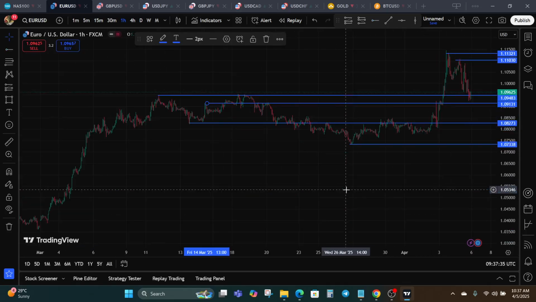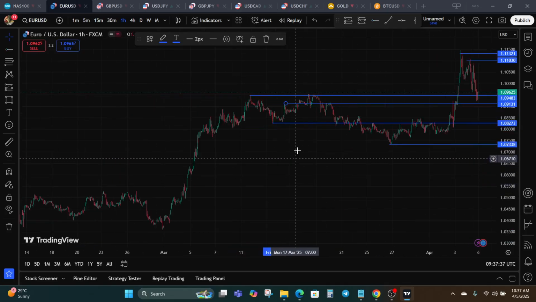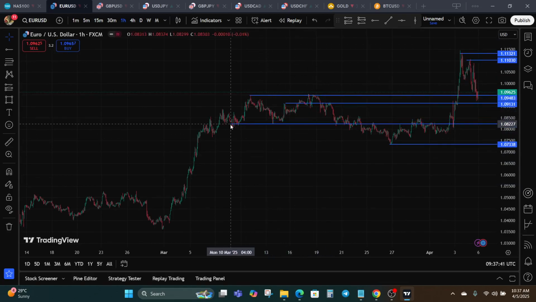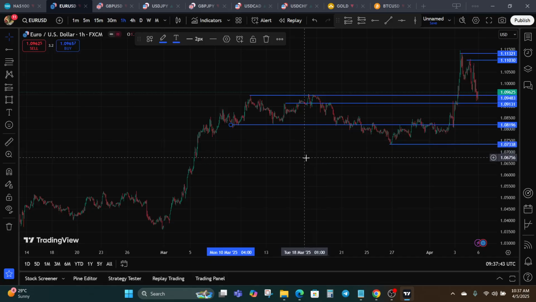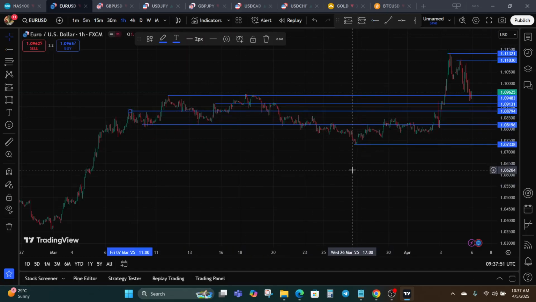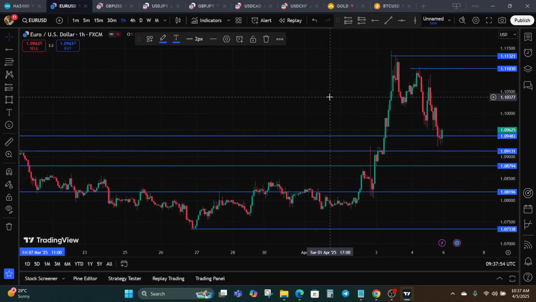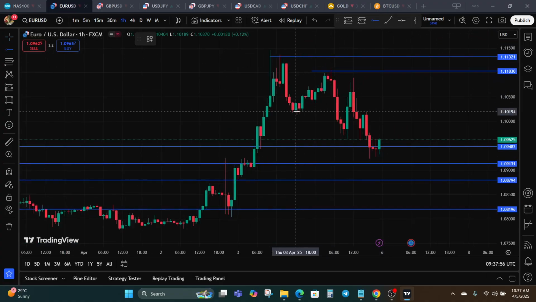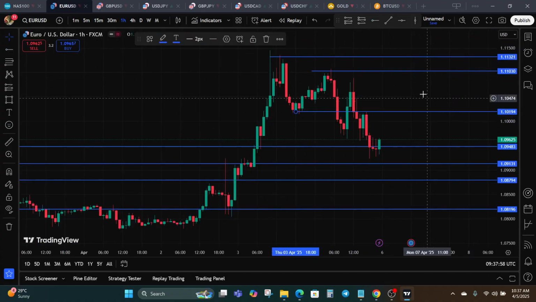These are areas where price has reacted multiple times. Once you have marked these important areas on your chart, you then head back down to the 15-minute chart and wait for price to approach these zones.